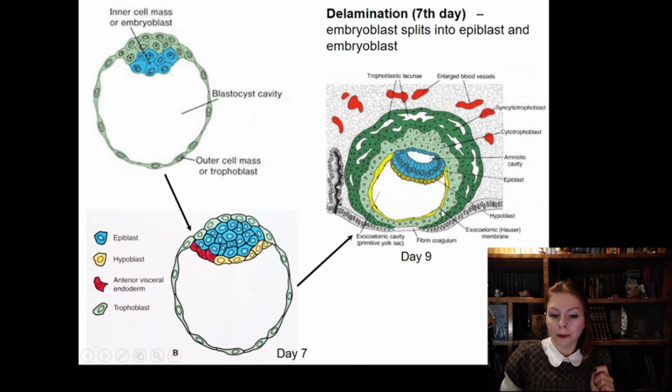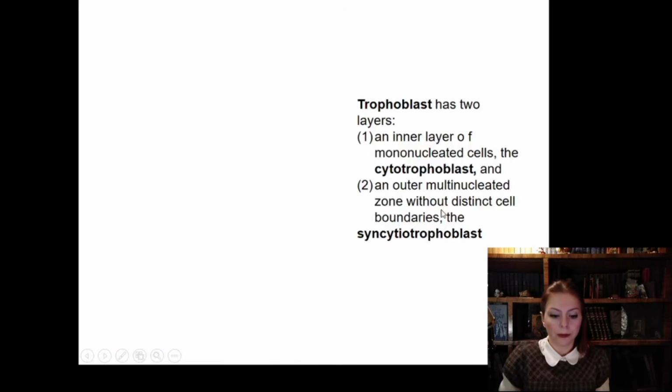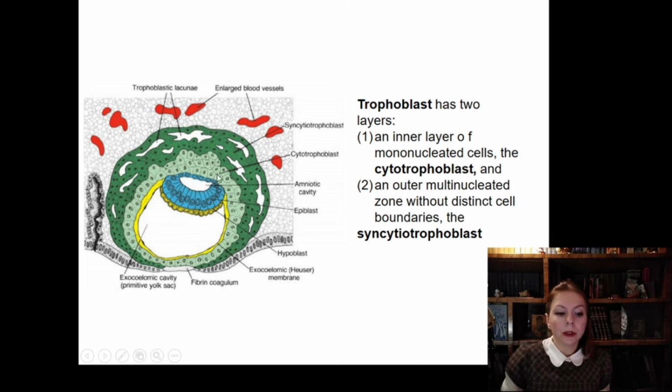The inner layer, let's look here, is called cytotrophoblast. Cytos means cell, and trophos means nourishment. In this way we highlight that this layer is made up of distinct cells, while the outer layer, which is dark green in this diagram, is represented by the syncytiotrophoblast.